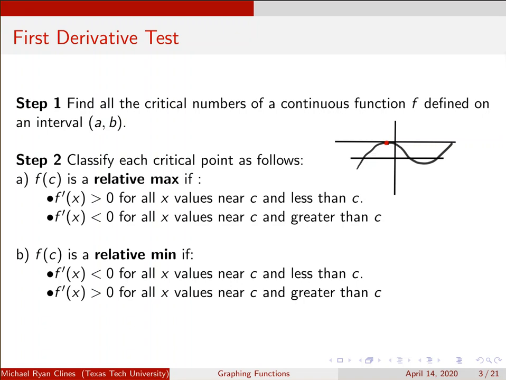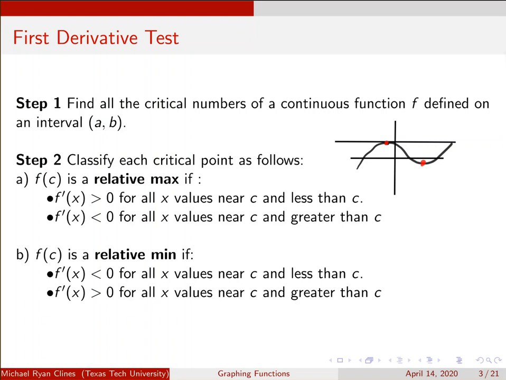Now, we can build the exact same theory for the relative minimum. Just by eyeballing this function right here, we can tell that there is a relative minimum. It kind of flattens out right there, like an inverse plateau.